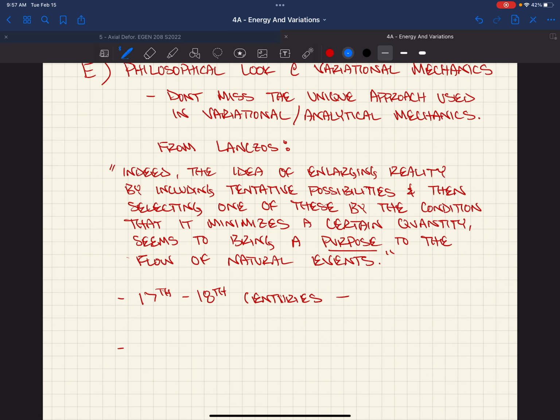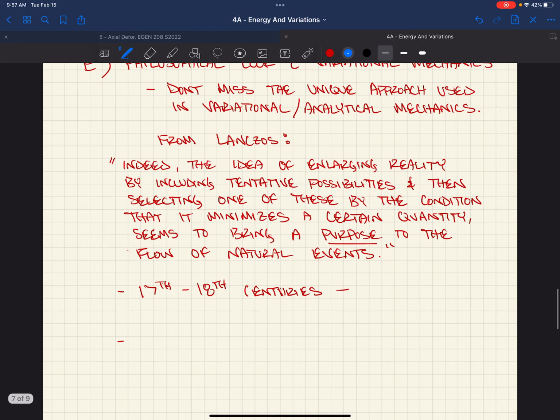Essentially, variational calculus gives us a means of looking at things that maybe appear to be in chaos. If we look at all possible paths of a particle, for instance, or the flow of water, and we use the principle of least action, we can essentially determine that there is less randomness.